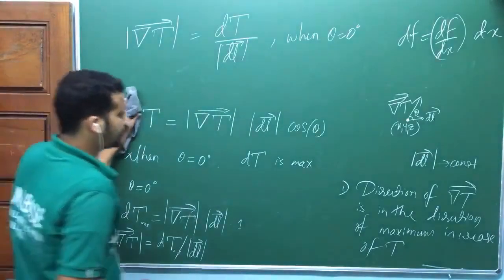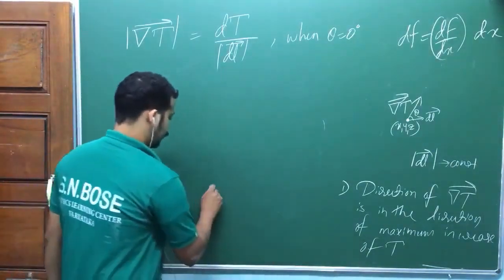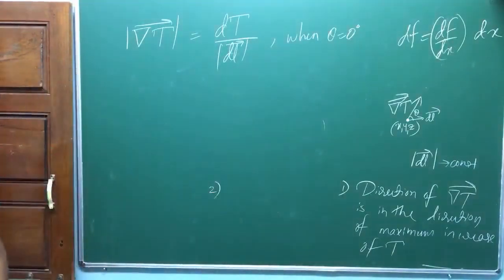Now, can you just write down the second point that you can understand about this gradient?